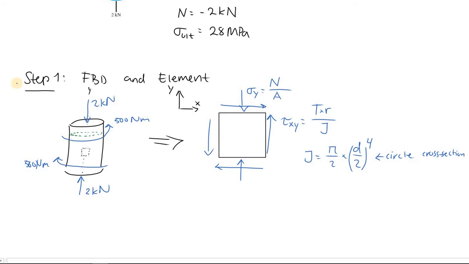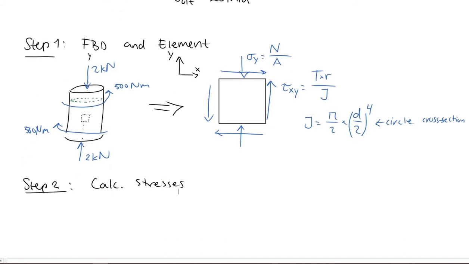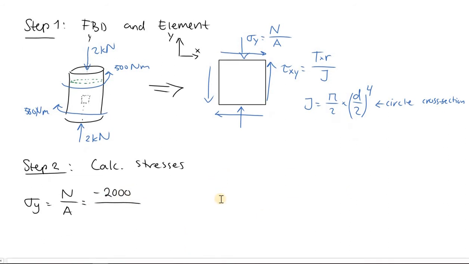So then for our step 2, we're going to go ahead and calculate our stresses. For our normal stress in y, this is pretty simple. We've been given our force and we just need to figure out the area. So I'm going to do negative 2,000 newtons divided by my area of the circle.